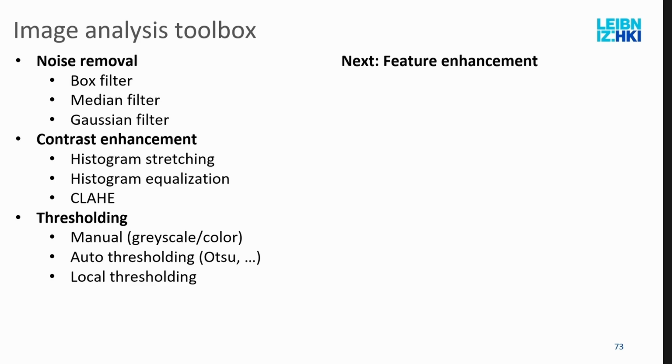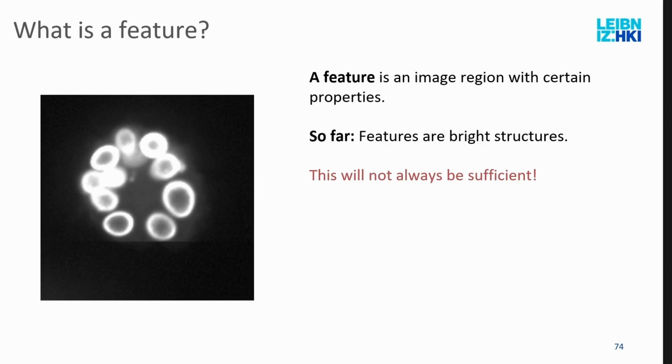Sometimes it happens. Okay, where we are at is feature enhancement, and this is basically something that you would actually do after you do your enhancement and before your thresholding, and you will see why. So what is a feature? When you look this up it is sometimes defined differently, but let's go with a definition that is most applicable for us.